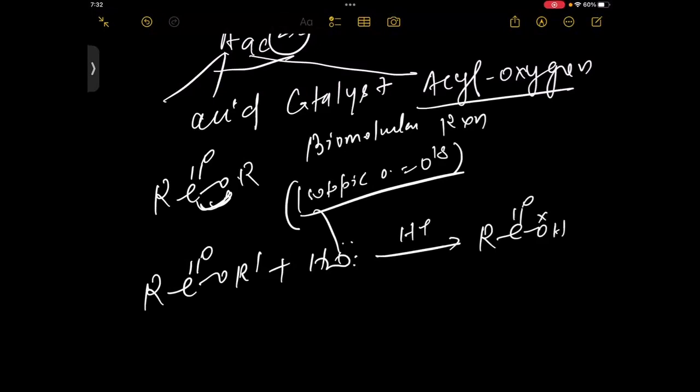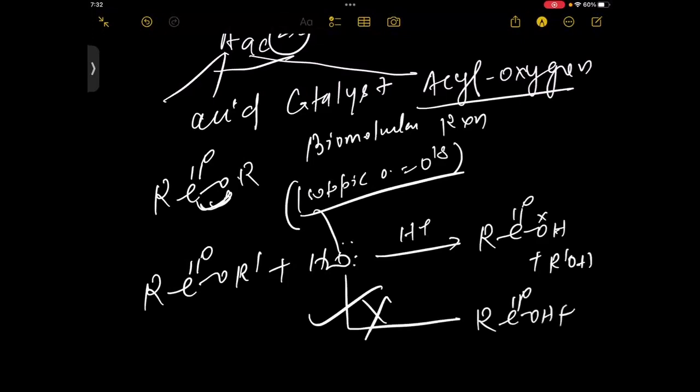Okay. Now here you see that plus R dash OH will form. If you want to take here the RCOOH plus R dash OH with the isotope, that's not a possible instance. The isotope will not be picked there. What I'm telling you is that we will not pick the isotopic oxygen in the alcohol.